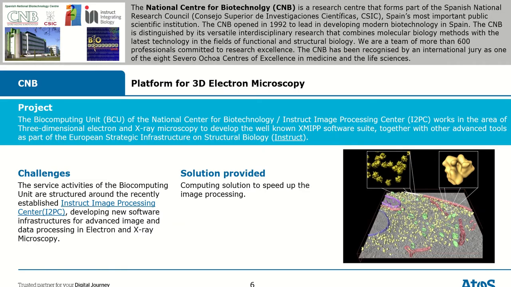And indeed, those authors are part of a biocomputing unit of a National Center for Biotechnology, which belongs to the Spanish Research Council.